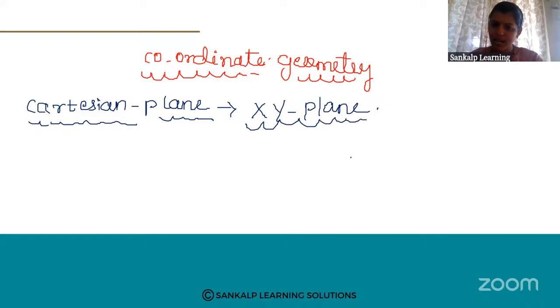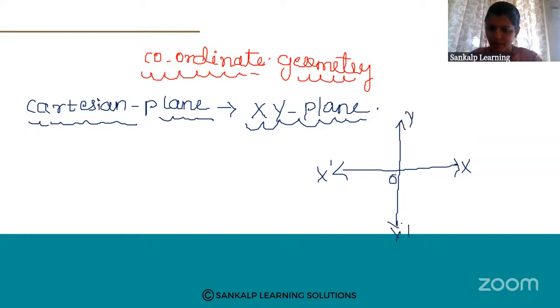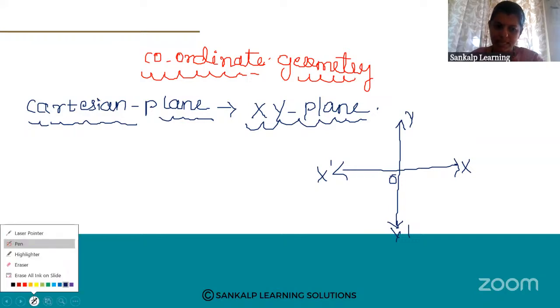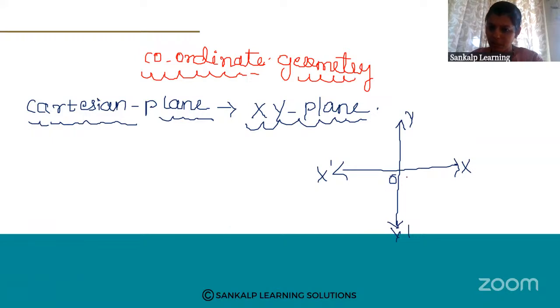Here we consider one x-axis, which is a horizontal line, and one y-axis, which is a vertical line. The horizontal line is X'OX, and the vertical line is Y'OY. Where the x-axis and y-axis meet, that particular point we call the origin.